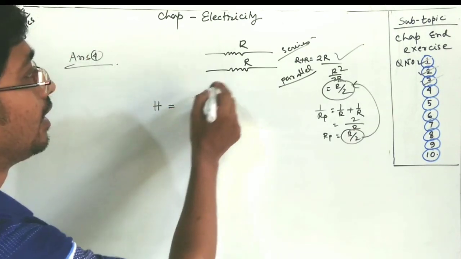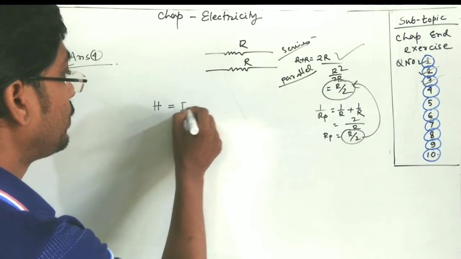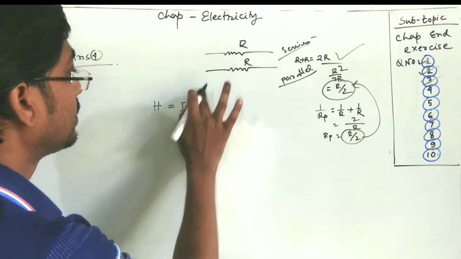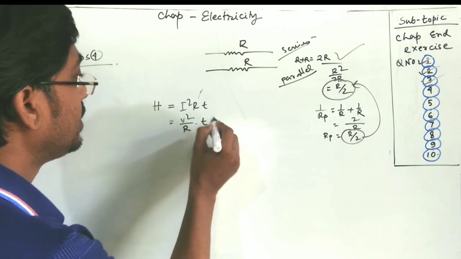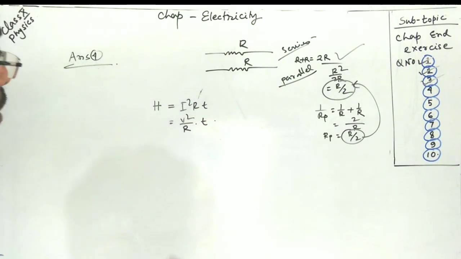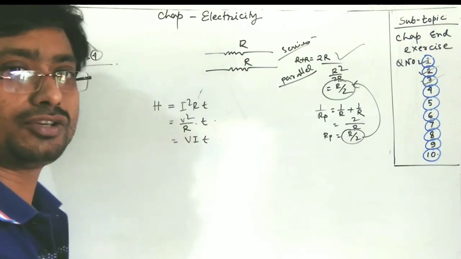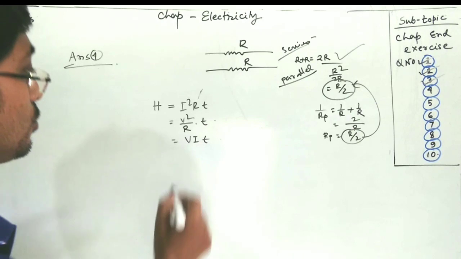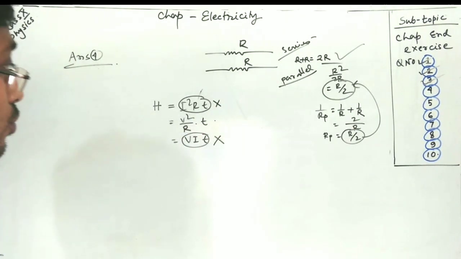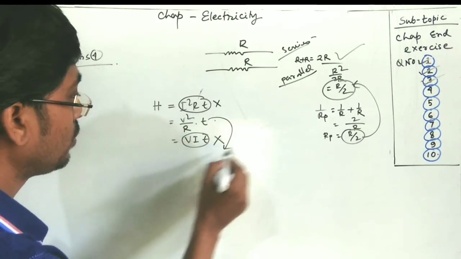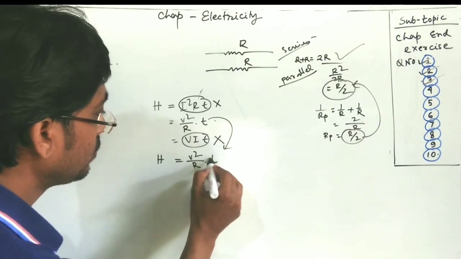Here you cannot find out the current, so instead of I square RT, you write V square by R into T. The equations containing current you just exclude. So take this equation: H is equal to V square by R into T.